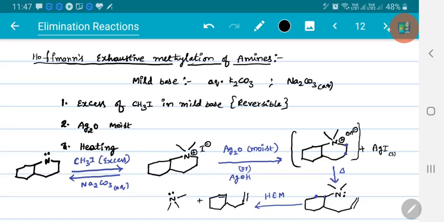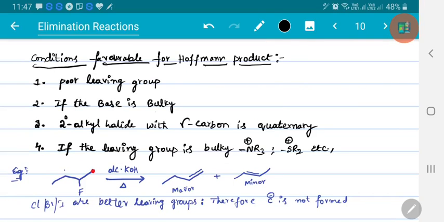So that's how Hofmann products will be the major product, right? So generally the Zaitsev product is formed, whether it is E1 elimination or E2 elimination, the Zaitsev product is the major product, right? Only in a few cases the Hofmann product becomes major, particularly this is observed in case of E2, right? In the E2 pathway there is possibility for the Hofmann product when few conditions are obeyed.